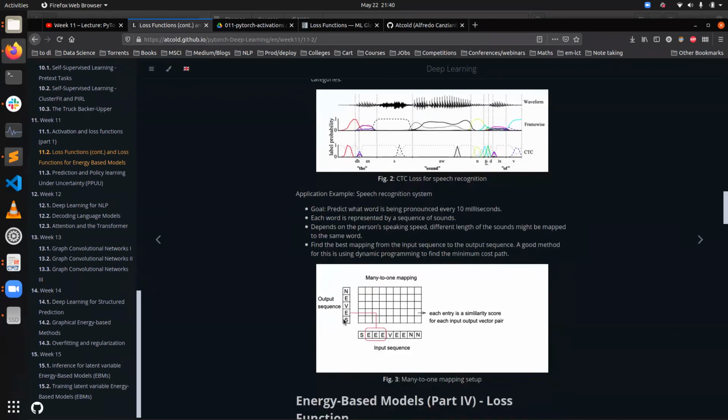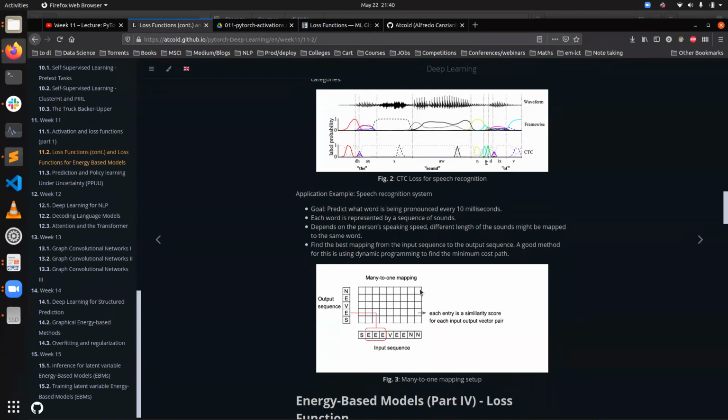So the output sequence is just 7, and the input sequence can be arbitrarily long depending on how the person is speaking it. And the loss is basically low. I mean, they find the shortest path in this. So this matrix is, I think, just a similarity score between the input sequence and the output sequence. And to find the actual sequence that is spoken here, they use dynamic programming to find the shortest path through the high similarity score areas.